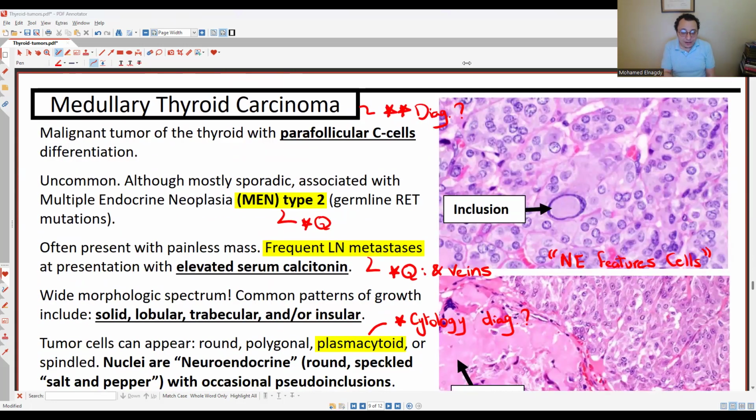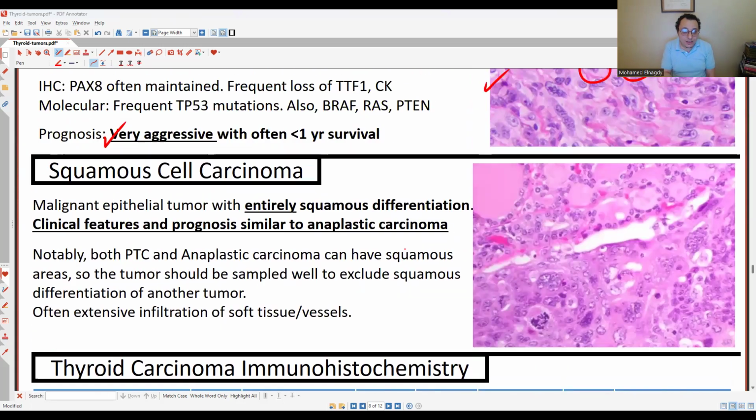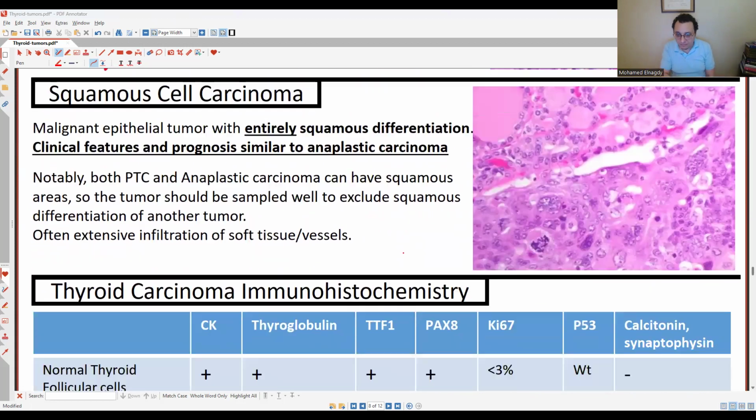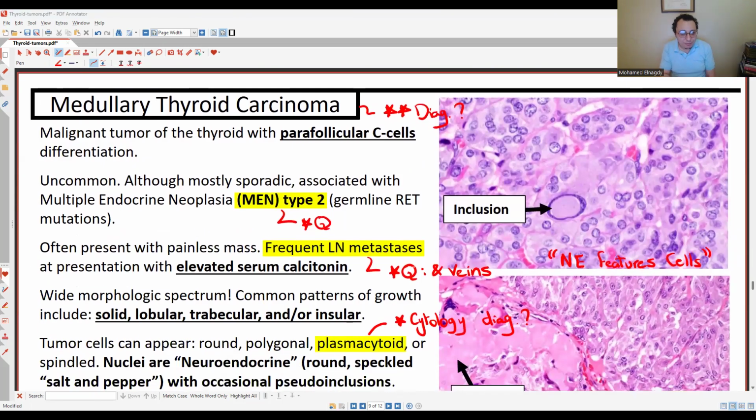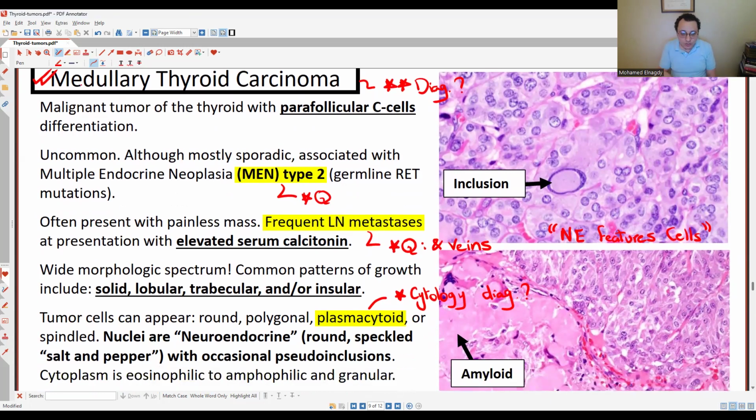Lastly, we have medullary thyroid cancer. And as you see, I just skipped squamous cell carcinoma. I won't even bother about it. So medullary thyroid cancer, that's a very important one. It's a 2-star diagnosis.